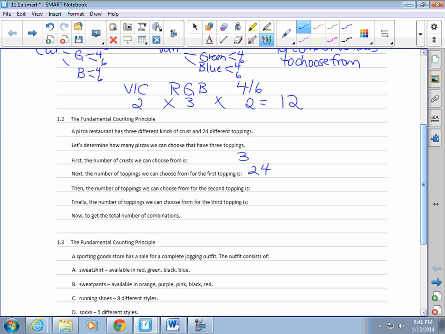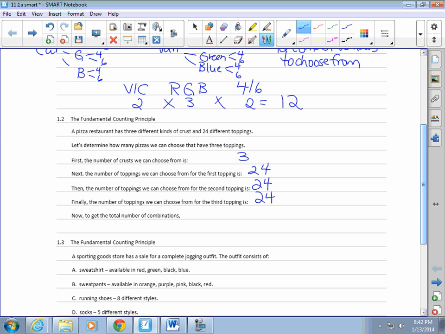My second topping, it doesn't say that I can't repeat my toppings, so I could have chosen cheese as my first topping and cheese as my second topping, so that would mean I still have 24 choices. And my third topping, well, maybe I wanted a 3-cheese pizza, so I could have cheese on all 3 of my toppings, but I could have chosen any of the 24 toppings as well. So that means I have 24 possible options there.